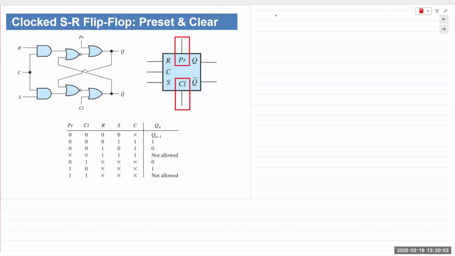All right, so we have these two. Preset, as the name suggests, would set the output to 1. And clear, as the name suggests, would clear out the output, so it sets the output to 0. Hence the name clear, it clears out the output.